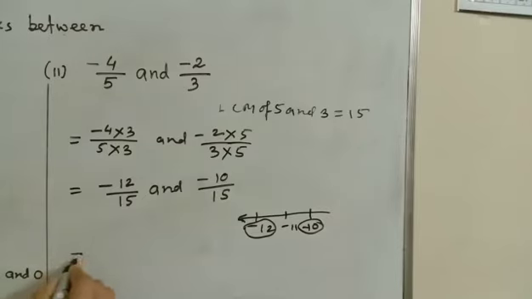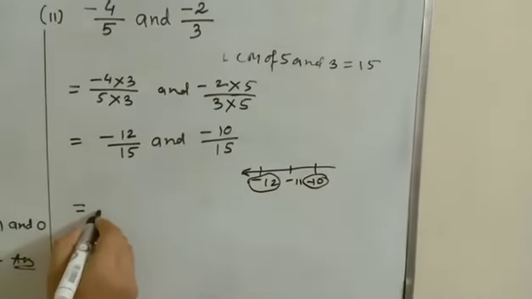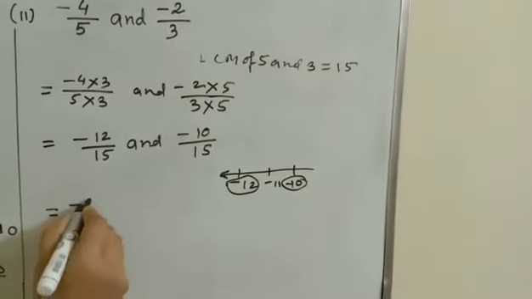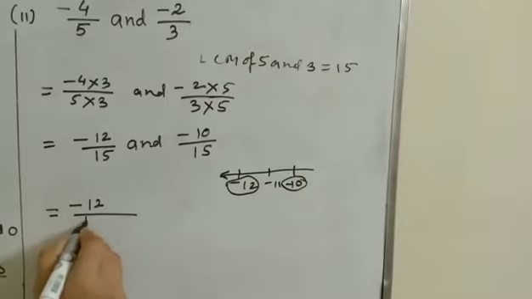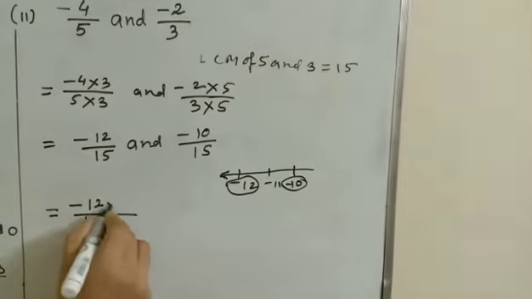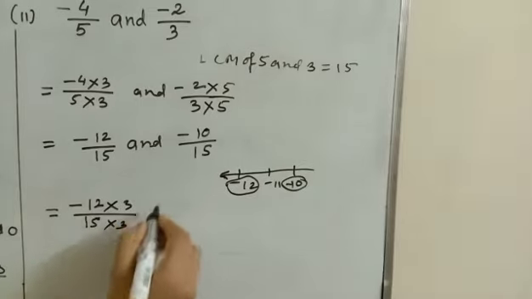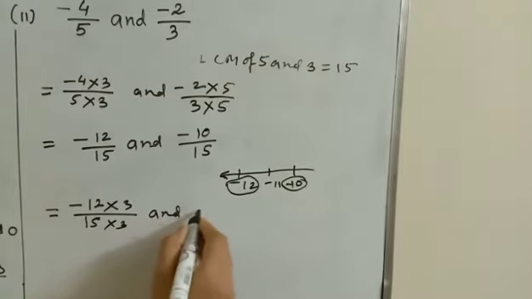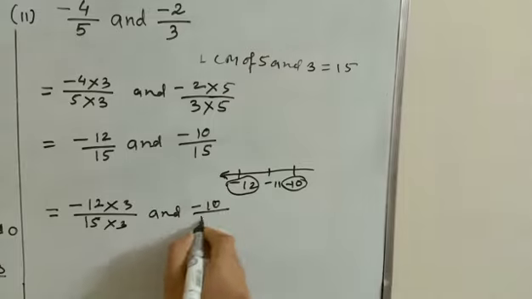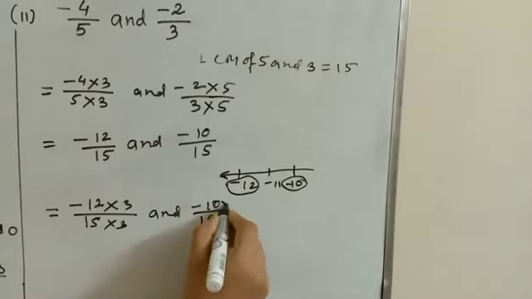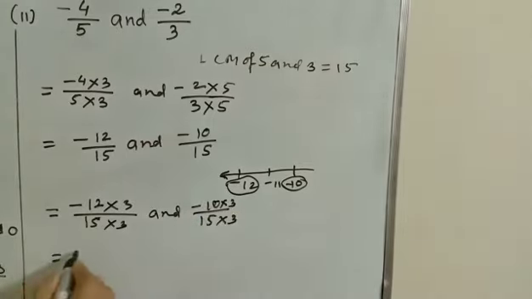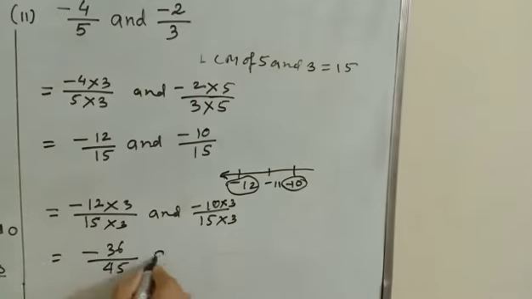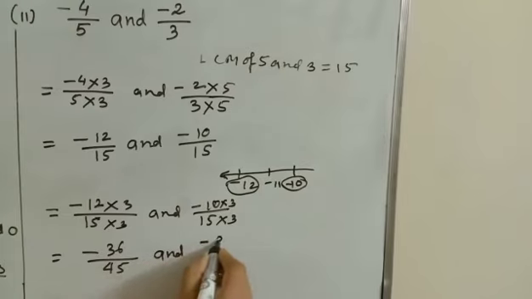If we multiply both the numerators and denominators by 3, that is an equivalent fraction only. Minus 12 by 15 into 3 by 3, and minus 10 by 15 into 3 by 3. So what numbers are you getting now? Minus 36 by 45 and minus 30 by 45.